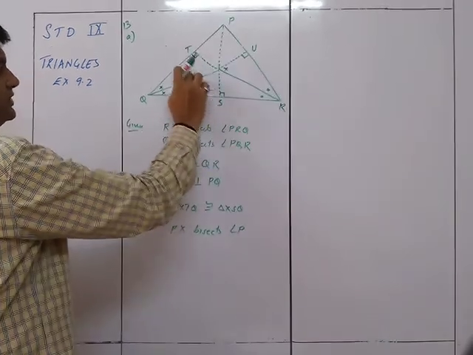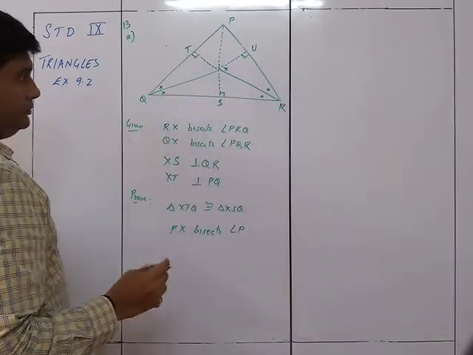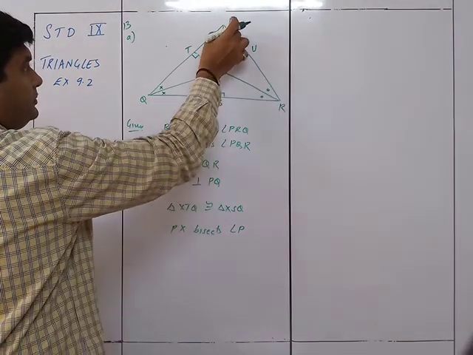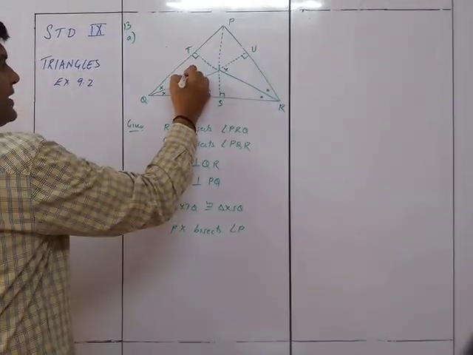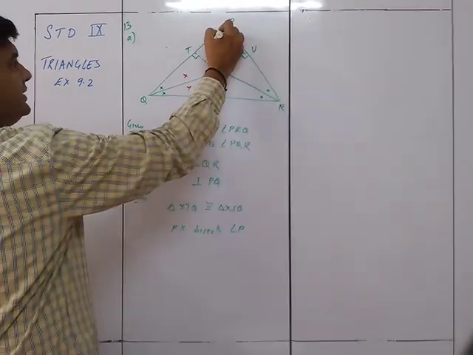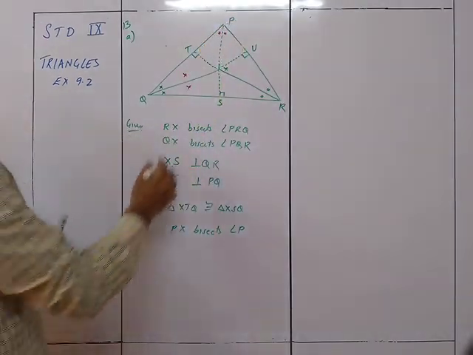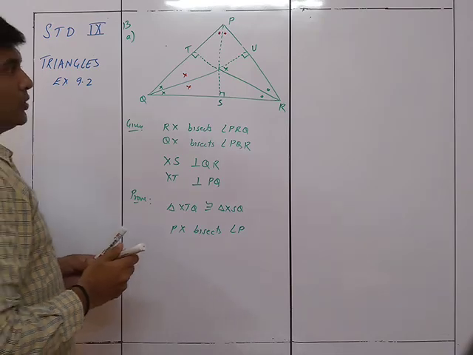I will mark what is to be proved: these two triangles congruent, and also that these two angles are equal.